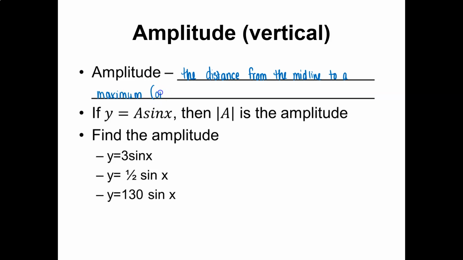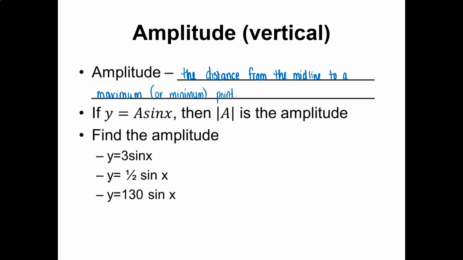Or I could say minimum instead if I wanted. Doesn't matter whether it's maximum or minimum there because they should be the same distance away from that midline. So from the midline to the highest point is your amplitude.